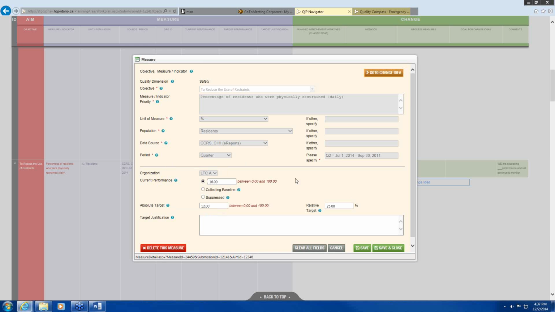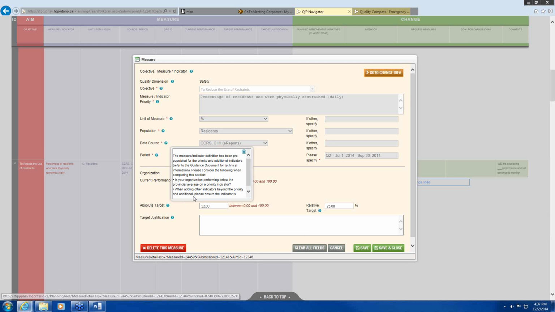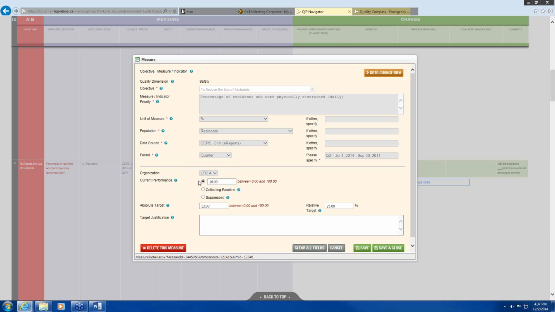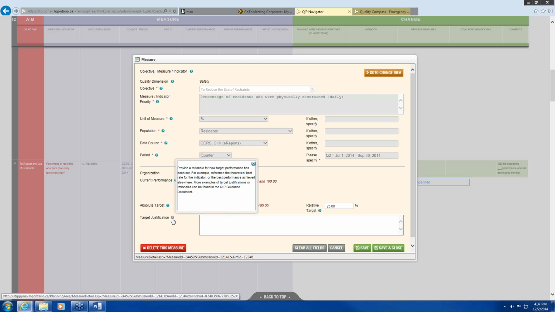Again, this is going to tell you where this information is, with some tips about it. And in some of them, you may see targets inside the target justification where it is available.